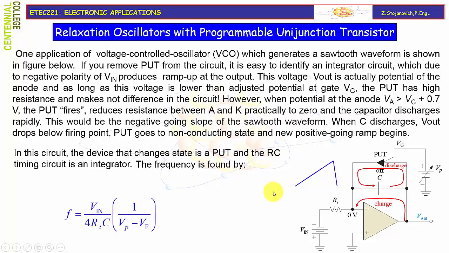In this circuit, the device that changes the state is the PUT, and the RC timing circuit is an integrator. The frequency can be found using this expression, and as you can see, it's a function of the constant negative input voltage Vin, the time constant of the integrator, and depends on the firing point. Vf is the standard 0.7 voltage drop across the forward biased junction.